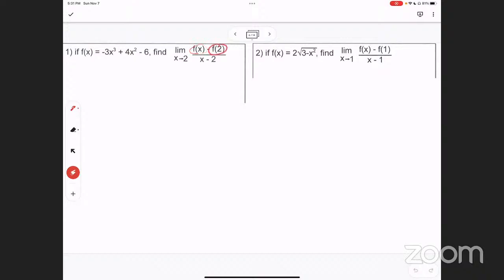You see how there's y minus y over x minus x? So we're basically finding the slope. We're finding the limit of the slope as x gets closer and closer to 2. That's what they're asking us. If I'm on this graph right here, which is a cubic, what's the limit of the slope as you get closer and closer to 2?